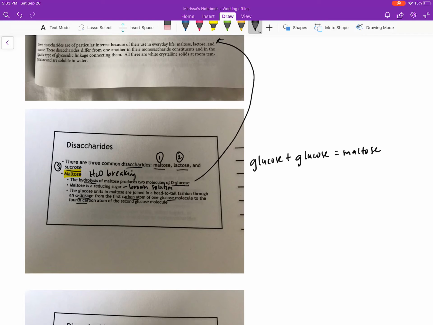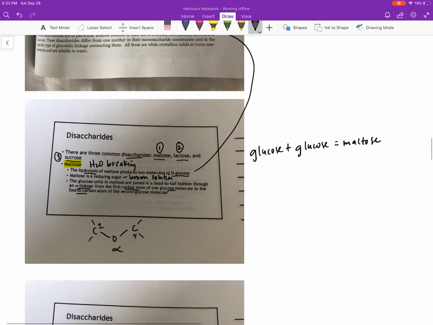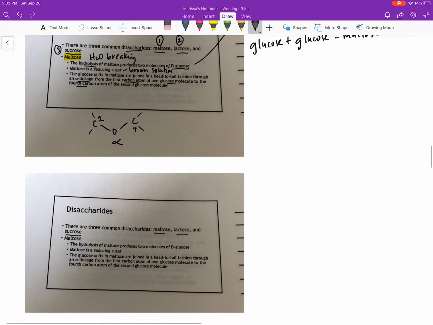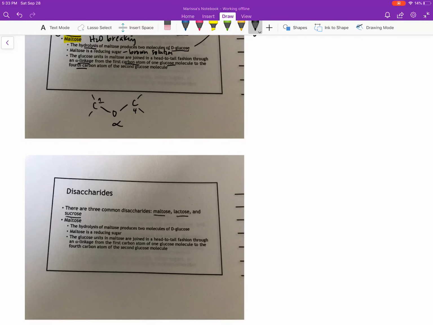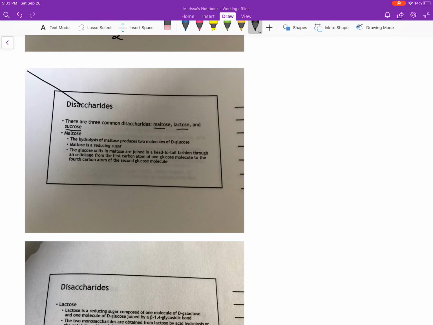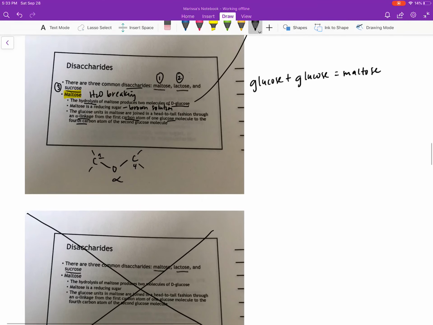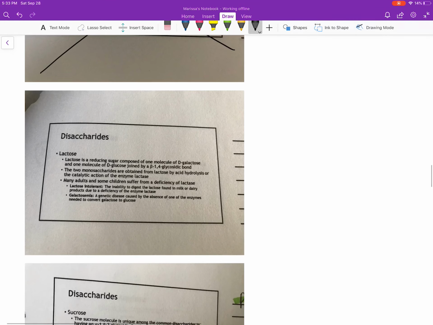Okay, so it's defined by an alpha linkage, between the glucose and carbon 4. And this is a repeat of the slide. Hopefully I didn't miss one of the other ones.